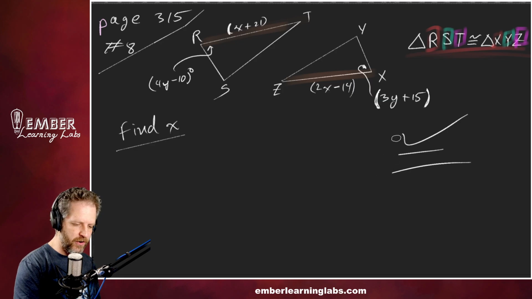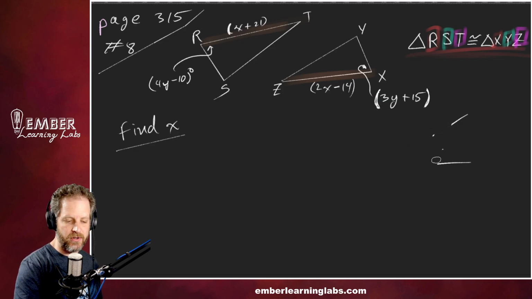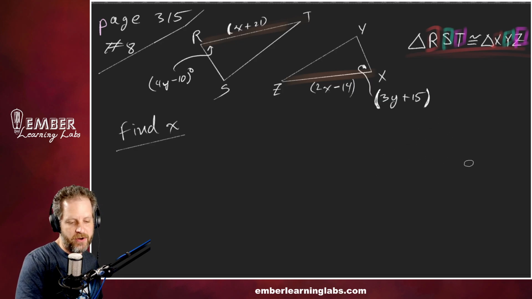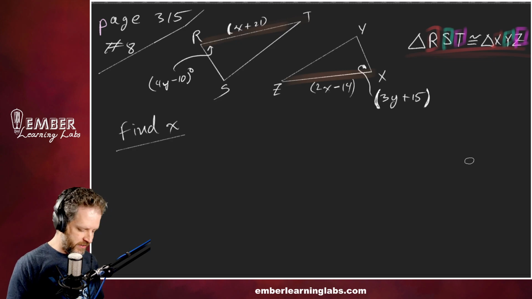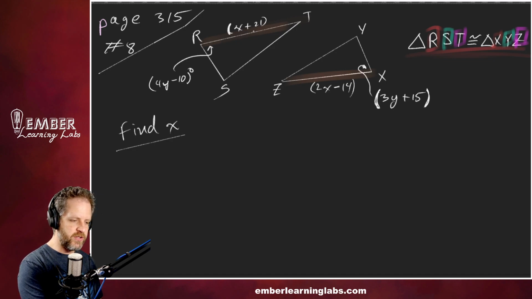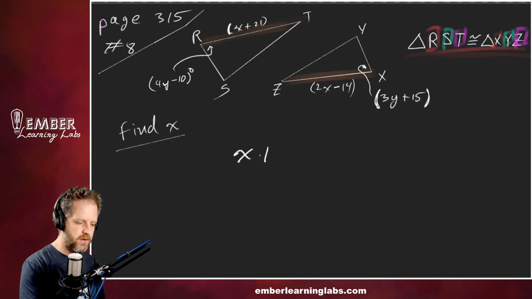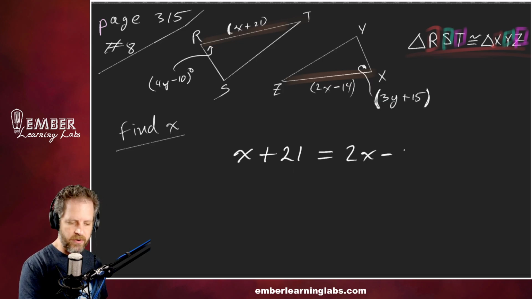If they're congruent, their measures are equal, so to set up an equation, we just say this equals that. It's really that simple. We just say x plus 21 equals 2x minus 14, and then we've got a little baby algebra equation that we can solve.